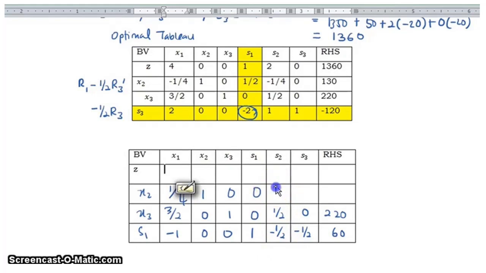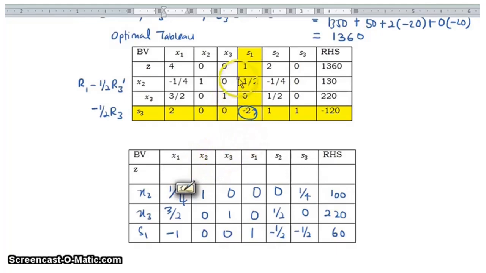So we get 0. S3 is 0 minus 1/2 times -1/2. So we get positive 1/4. And the right hand side 130 minus 1/2 times 60. So we get here 100.